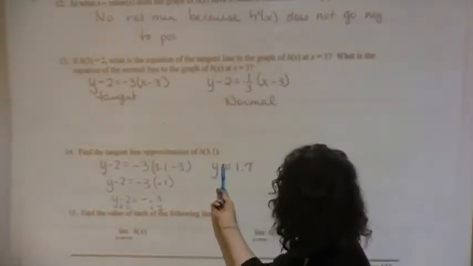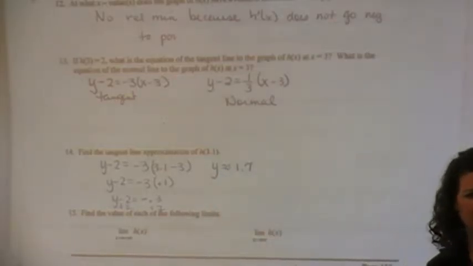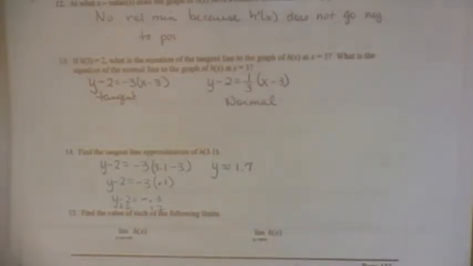I put wavy lines because it does say approximate, so that means that this is an approximation. Is everybody okay? I'm plugging in and approximating.